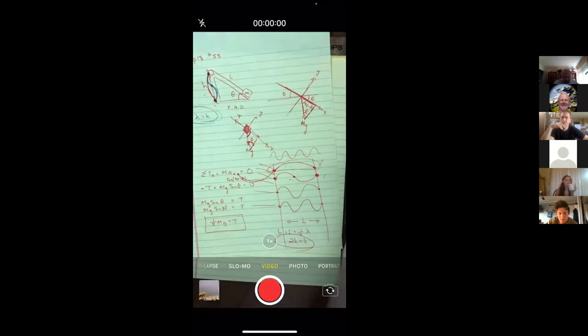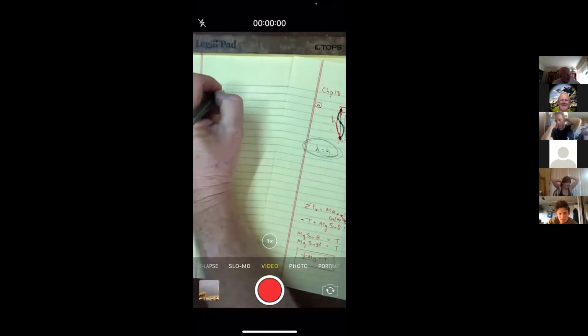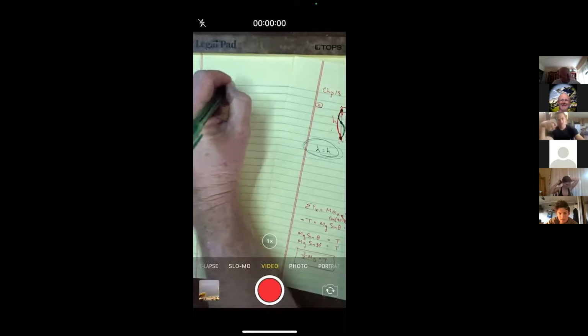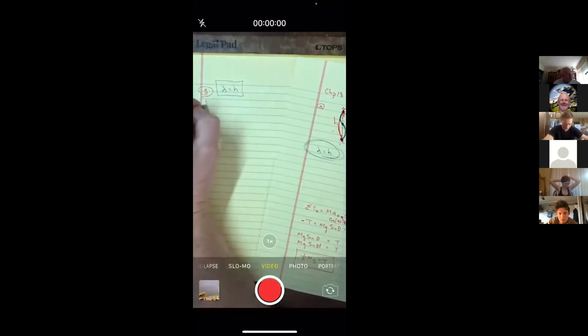I could have done F by another method that never got to the wavelength, so maybe that's why. But the way I did it, I actually found the wavelength already. So I'll just put wavelength equals h. Okay, so there's G.